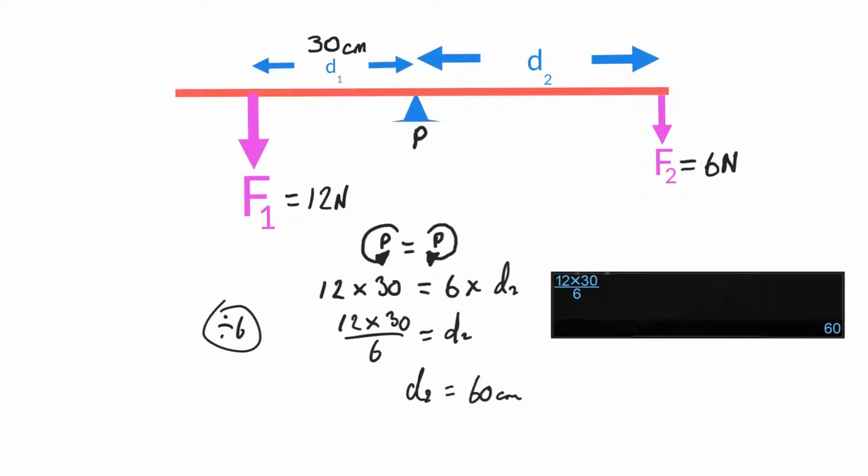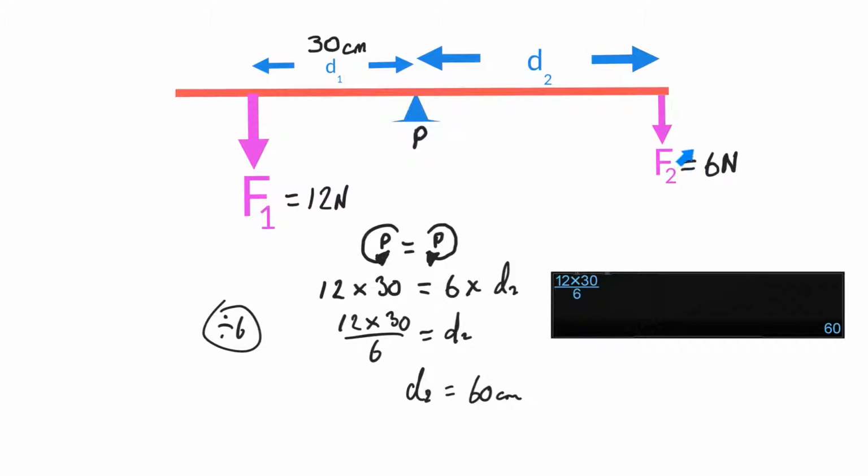So that's how we would find an unknown distance. We start by adding all the numbers to the problem. If it's described to us, we would draw it out. We then say that the total anticlockwise moment has to equal the total clockwise moment. Then we fill in the anticlockwise moment. This is trying to pull it anticlockwise, so it's this force times this distance, 12 times 30.